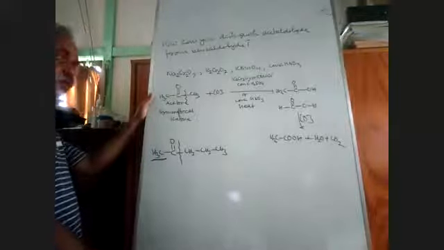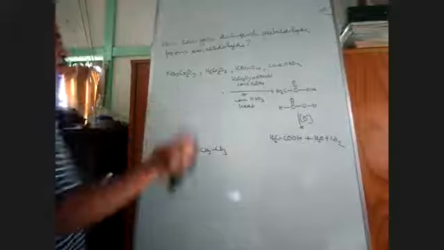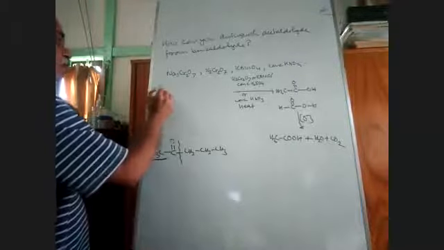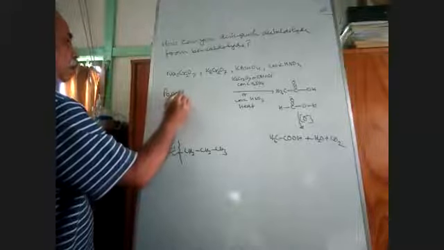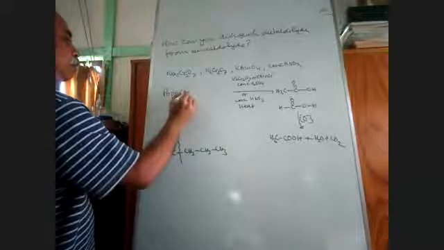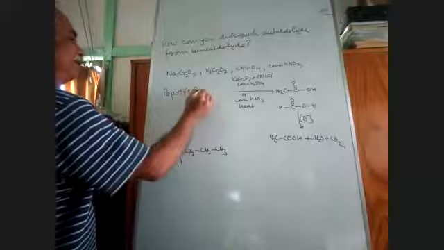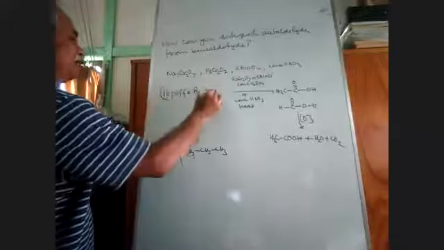This rule has a name, a very nice name. It is called Popov's rule. Within brackets you write, it's called Popov's rule.